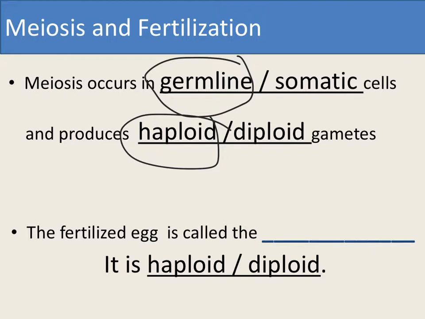And is it haploid or diploid? Haploid. So, the fertilized, oh, sorry, no, my mistake. You're right. Never mind. Didn't want to get ahead of myself. Diploid. Okay. So, the gametes are haploid. The zygote, the fertilized egg, is diploid.